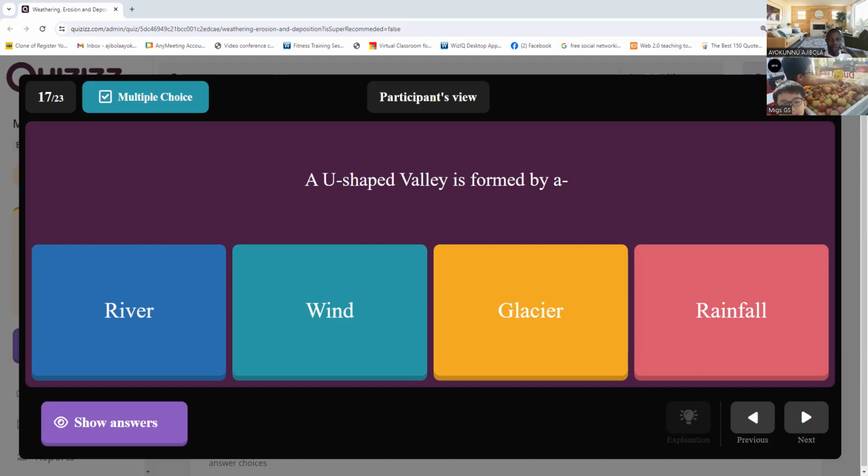A glacier forms where the accumulation of snow exceeds melting over many years, often over centuries, like hundreds of years. So the answer to what causes a U-shaped valley is glacier.